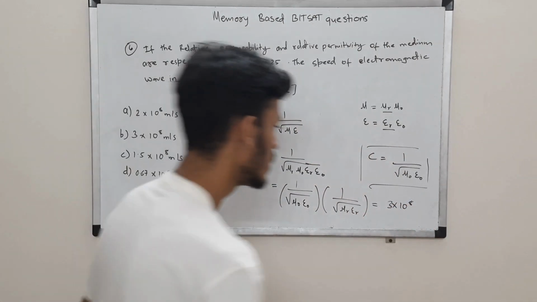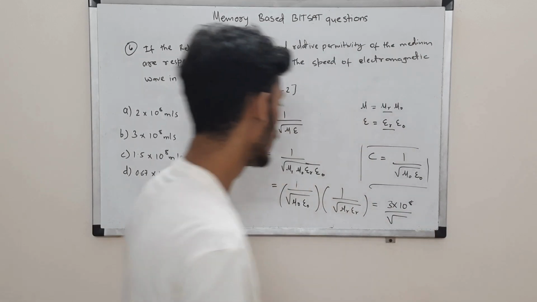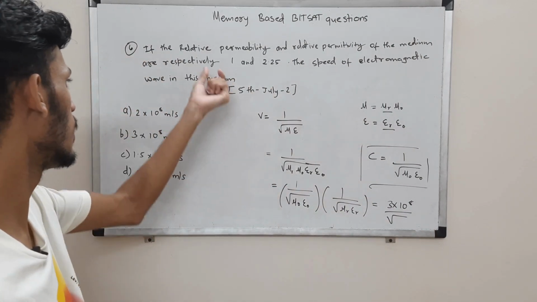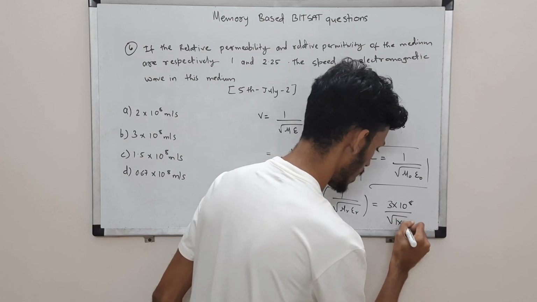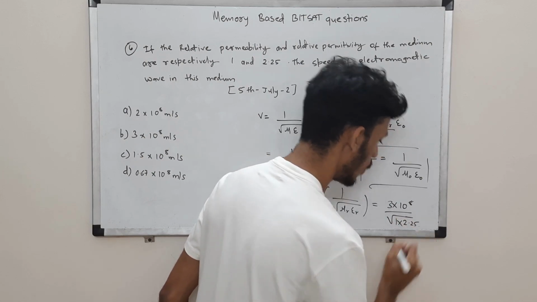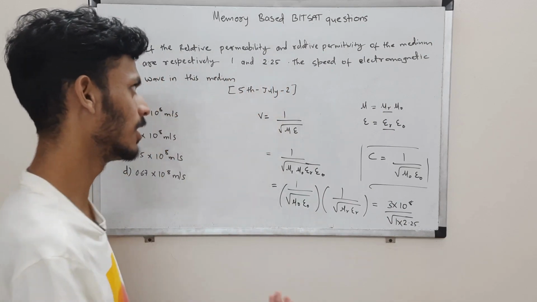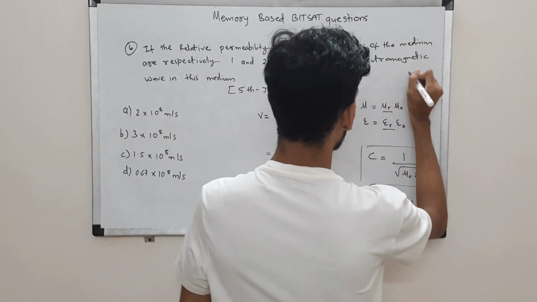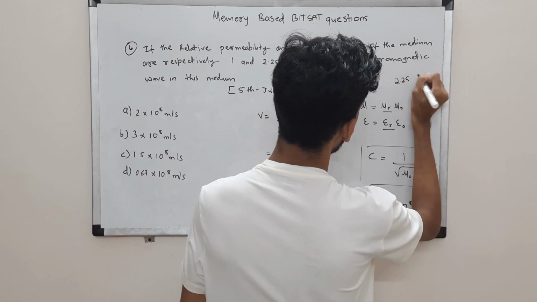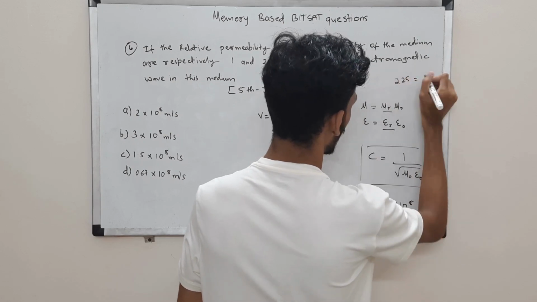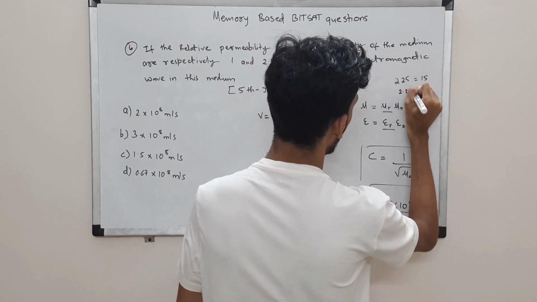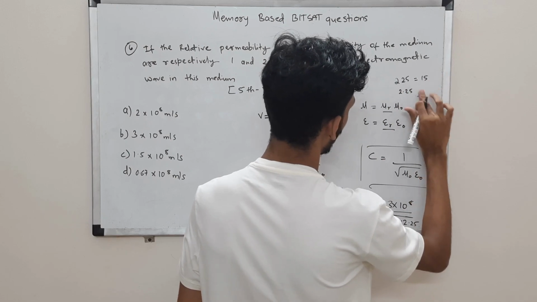And what about this? This will be the square root of mu r is 1 and epsilon r is 2.25. Now 225 is the square of 15. I know some squares by heart, so 225 is the square of 15, and basically 2.25 will be the square of 1.5.